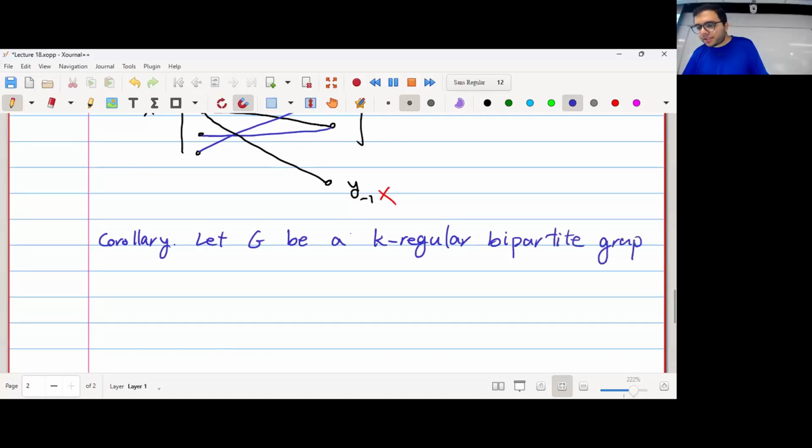K-regular means that the degree of every vertex is K. And suppose that K is at least 1. I want you to prove that G has a perfect matching. And a matching is perfect if it matches every vertex.